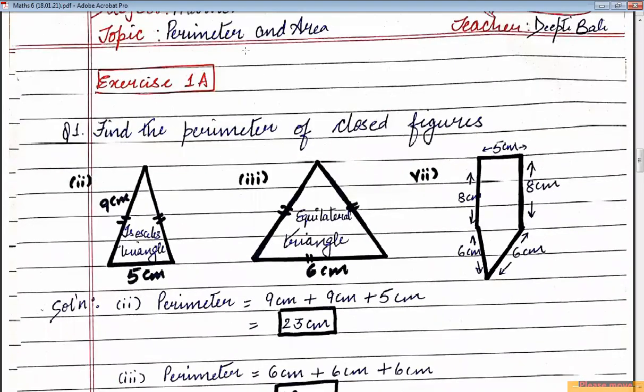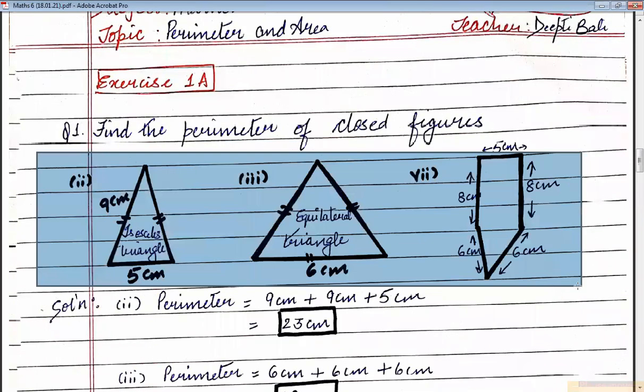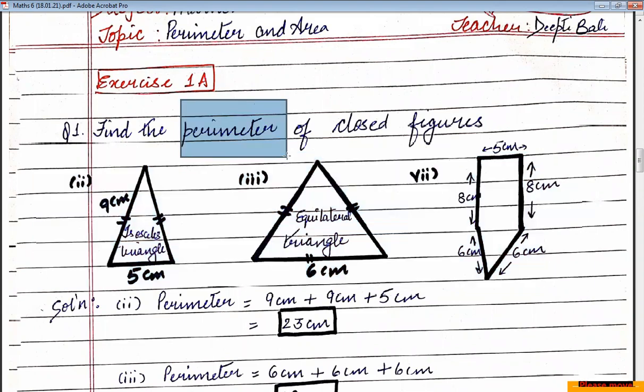Now children, in the first question, look carefully what we have to do. We are given with three closed figure and we are required to find the perimeter of all the three figures. Now children, you know that the perimeter means sum of all the three sides or whatever the sides are there.